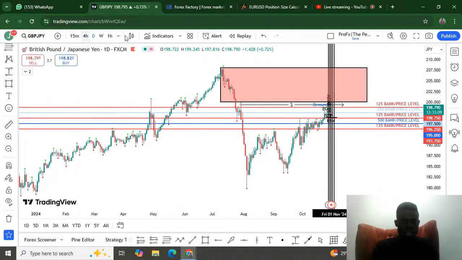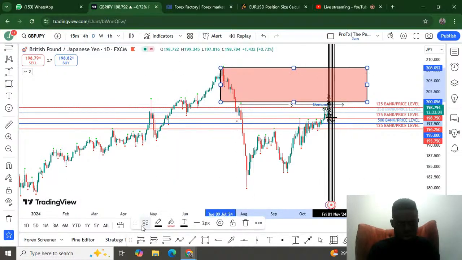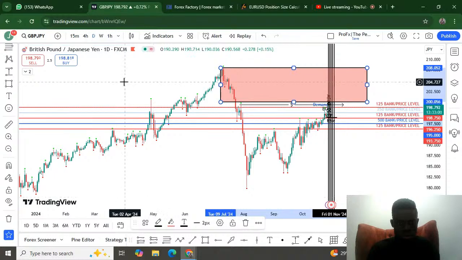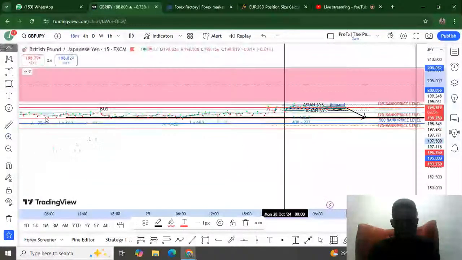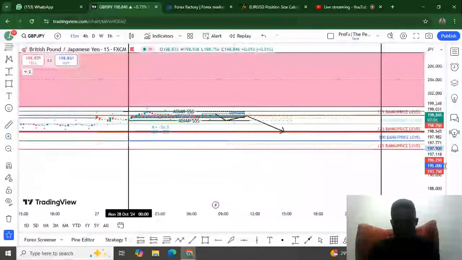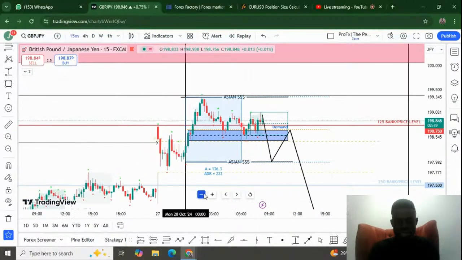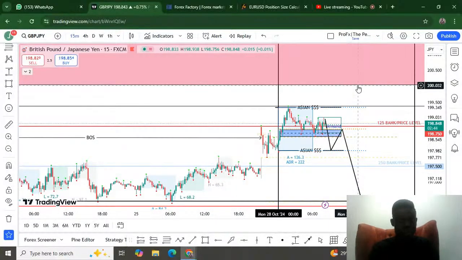So let's go to our lower time frame now, fifteen minutes. We are not yet even there. We are not yet in 71%. Can you see this line here? That's 71%.